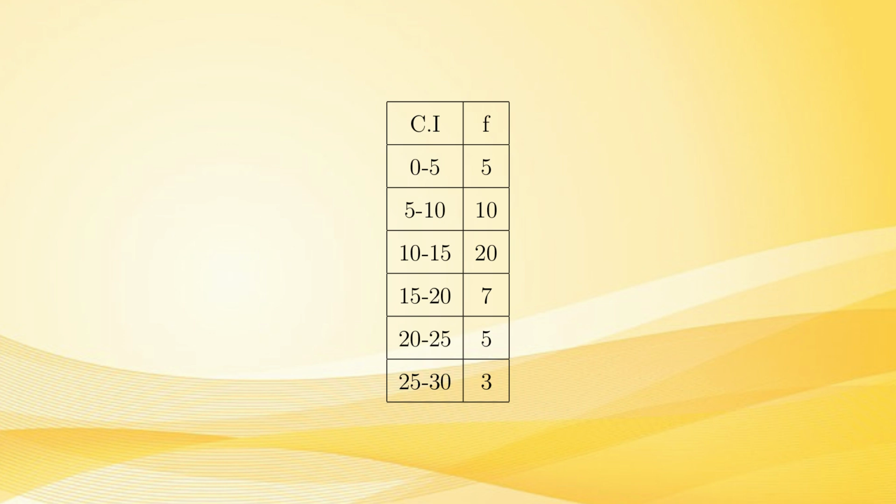Now, observe that in the given frequency distribution, the class intervals are with unequal class width. Hence, before computing the mode, it is necessary to make them equal class intervals. So, let us first tabulate the data. Consider the class interval in the first column and the frequencies in the second column.